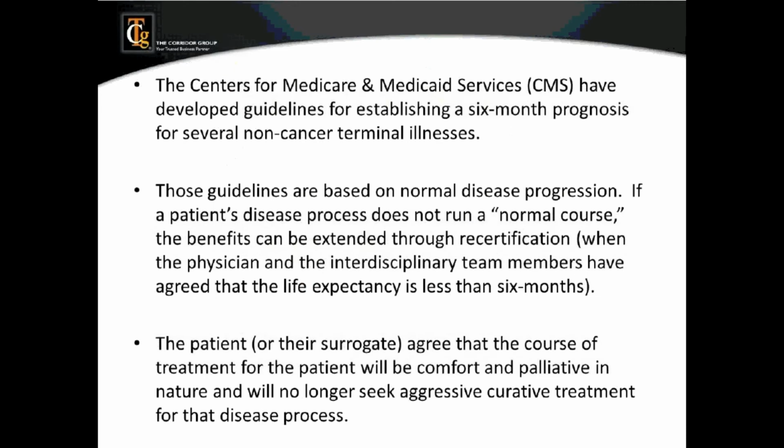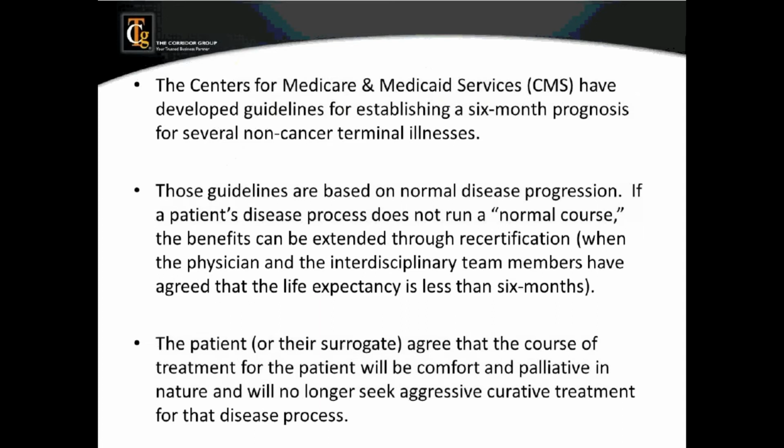So the Centers for Medicare and Medicaid Services, CMS, have developed some guidelines for establishing a 6-month prognosis for several non-cancer terminal diagnoses. We know that physicians don't have a crystal ball. We know that hospice personnel don't have a visual of exactly what this is going to be. But there are some guidelines that CMS has developed, based on normal disease progressions.